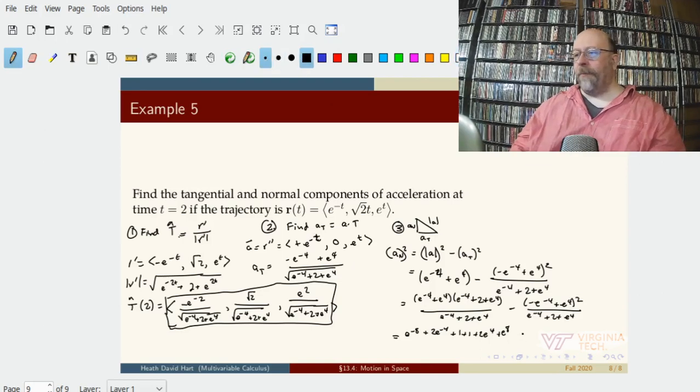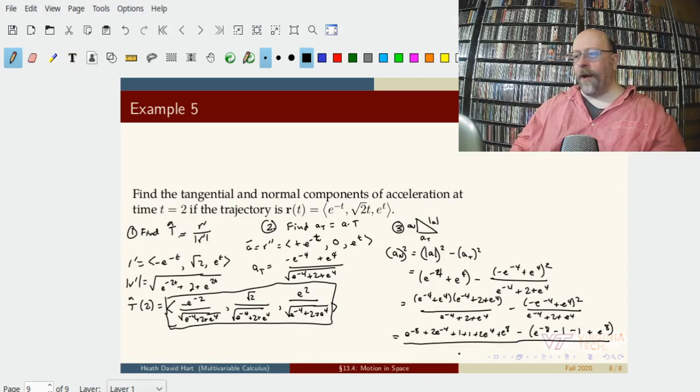All right, minus, foil this out. Negative e to the 4th times negative e to the 4th is e to the 8. Outer is going to be negative 1. Inner is going to be negative 1. And then last is e to the 4th times e to the 4th, which is e to the 8th.